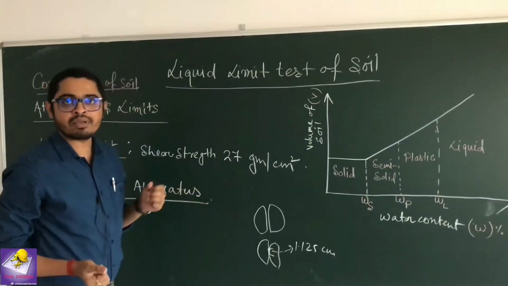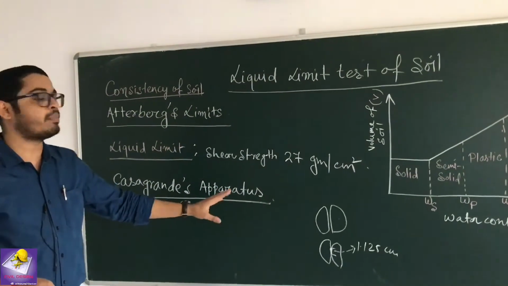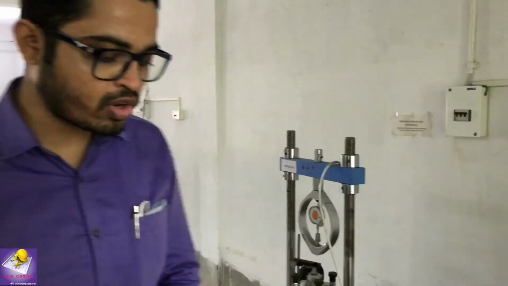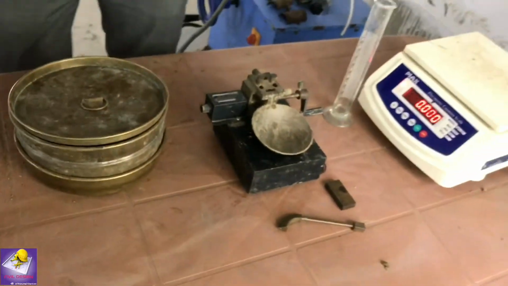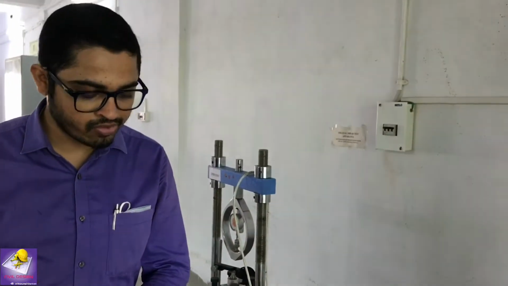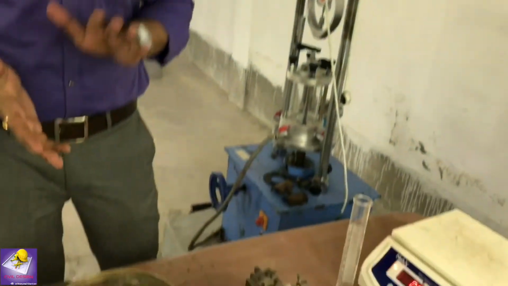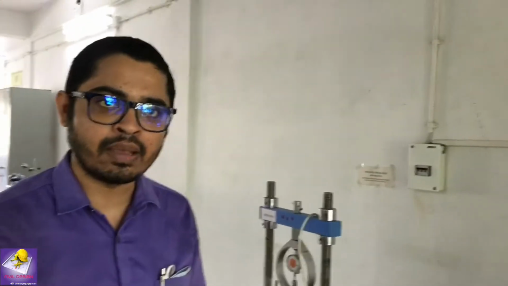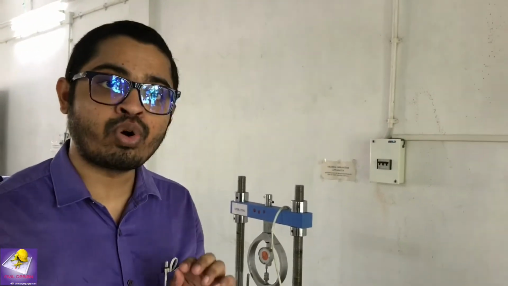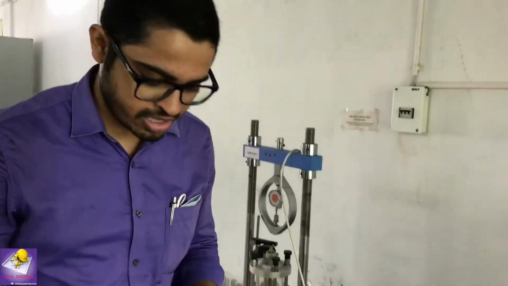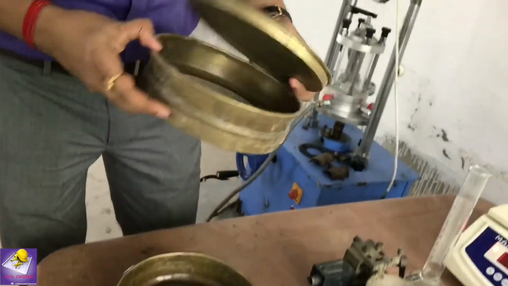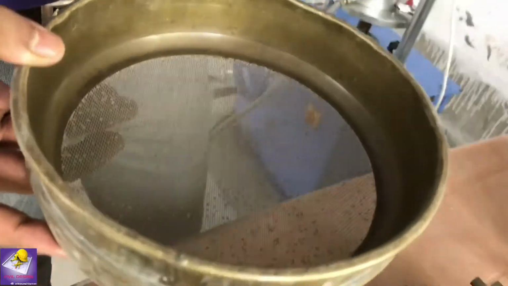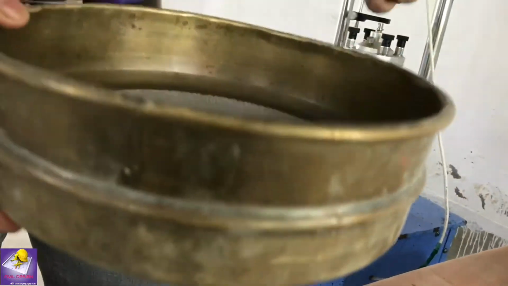So how can we determine the liquid limit of the soil? Then we have to go to the lab. The required apparatus for the liquid limit test is, at first, the soil, which is generally passed through a 425 micron sieve, or we can use a 600 micron sieve. This is the 600 micron sieve which is used in this test.